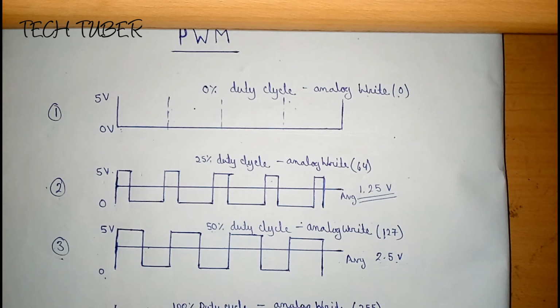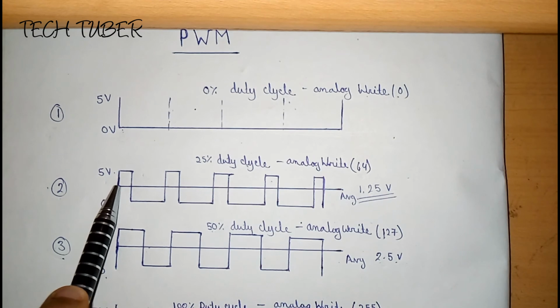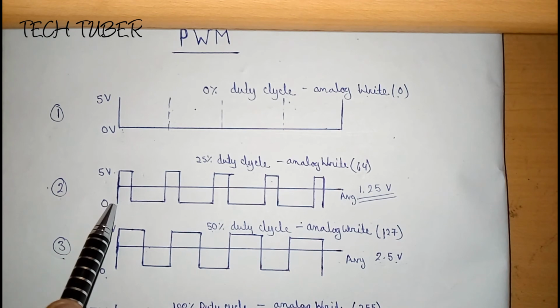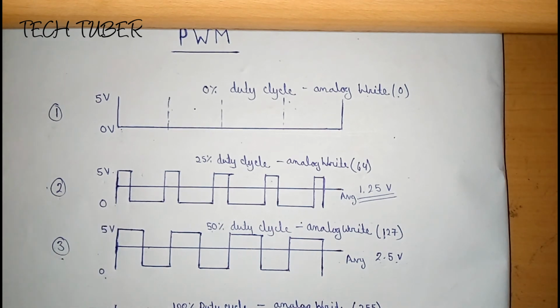But the question is why we are having average voltage at output side. For any electrical device, any electrical or electronics module, it takes some amount of time to achieve the high voltage or low voltage. That means it takes some amount of time to achieve exactly plus 5 volt or to come down to 0 volt level. But here the time is very low, and the pulse rate is very high.